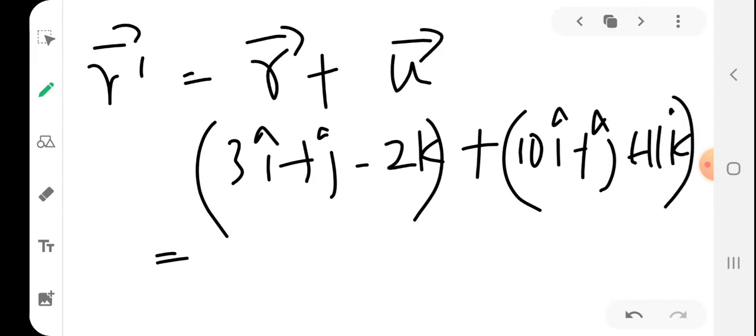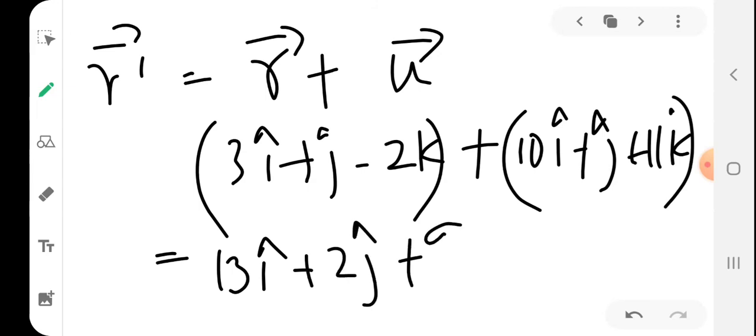So if you add all the i values, j values and k values separately, you will get 13i plus 2j plus 9k.